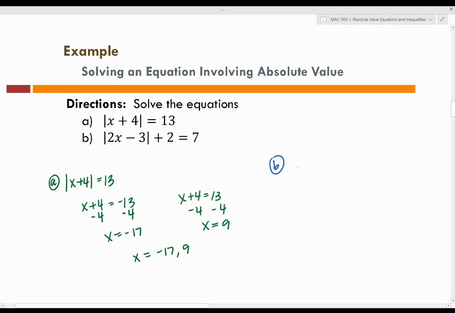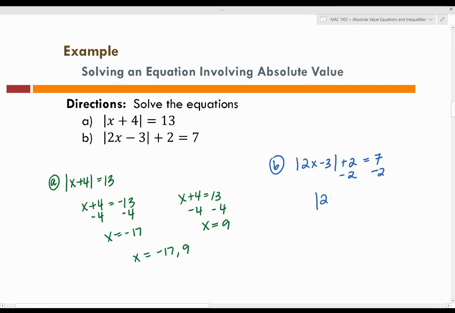So we're going to write our problem. The absolute value of 2x minus 3 plus 2 equals 7. Okay? So our first step is to isolate the absolute value. So that means we're going to get it by itself. So this 2 that's on the outside of this absolute value on the left-hand side, it has to move. So in order to move it, we're going to subtract 2 from both sides.